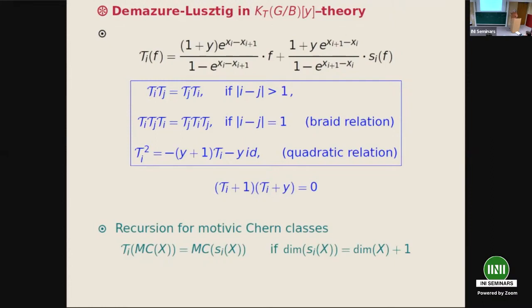X's were standing for the Chern classes of the tautological bundles on the flag variety. It was for general G, not necessarily SLN or GLN.